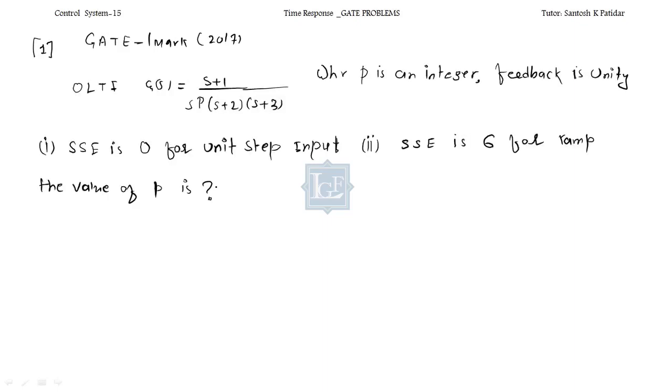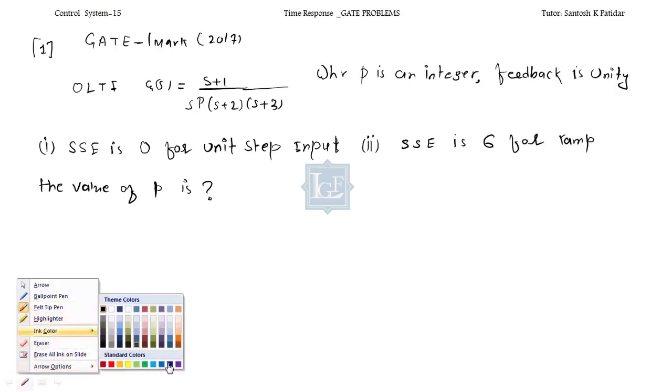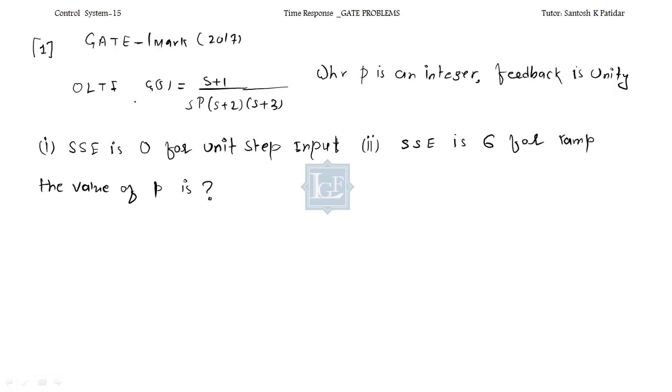The first problem of the day is a GATE 1 mark problem from the year 2017. The question: the open loop transfer function is given as (s plus 1) divided by s to the power p, (s plus 2), (s plus 3), where p is an integer and the feedback is unity feedback.